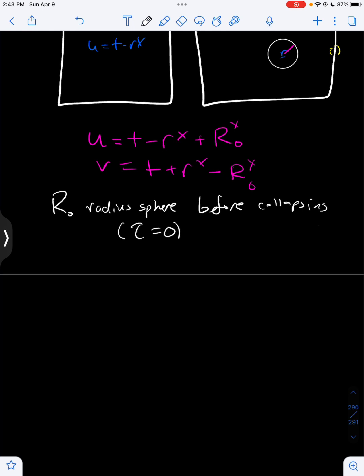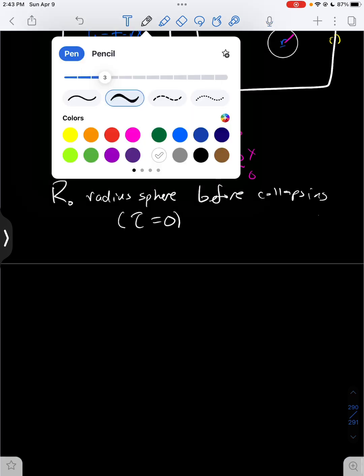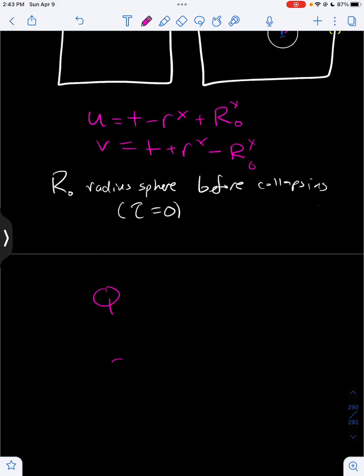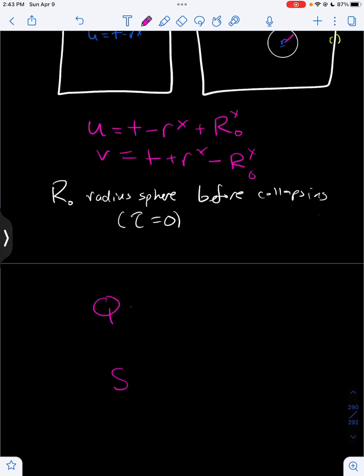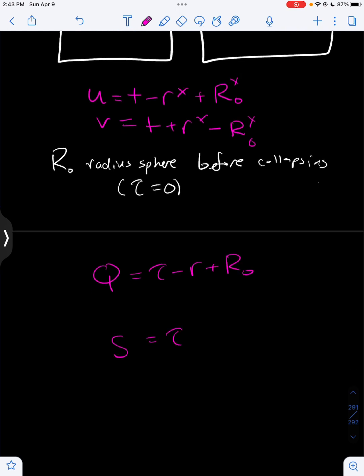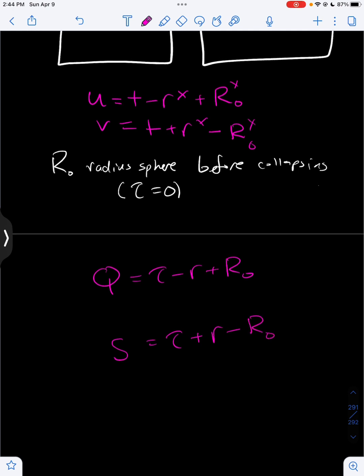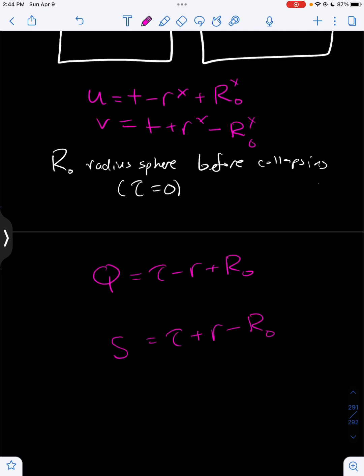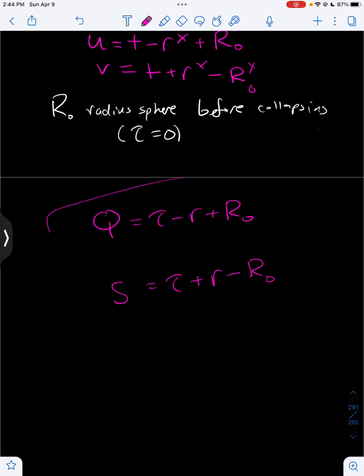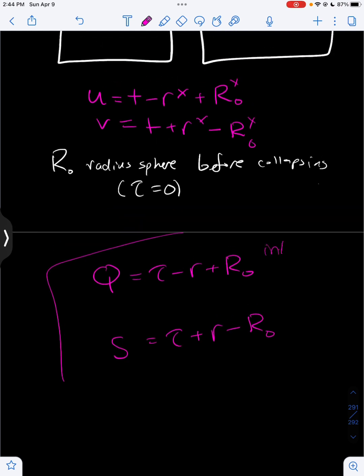Let's call them Q and S, where Q is defined as tau minus r plus r naught, and S is defined as tau plus r minus r naught. And we see that Q and S look very similar to U and V. So these are the actual interior Schwarzschild coordinates that we use to describe the inside of the sphere.